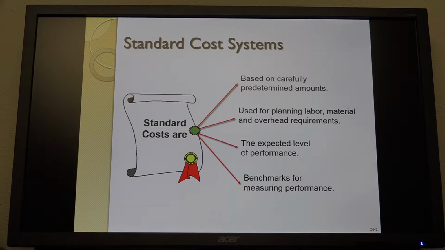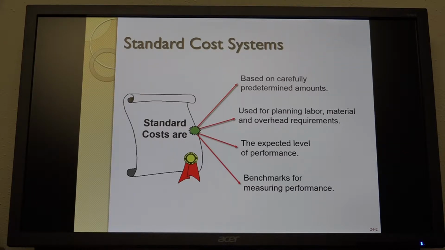By comparing the two, you'll figure out whether you're spending more than you should for manufacturing a unit of product, or you're spending less, or you're just spot on, which doesn't happen very often.